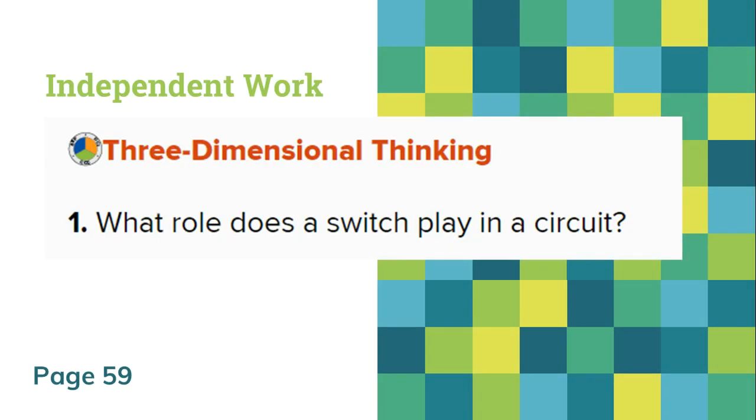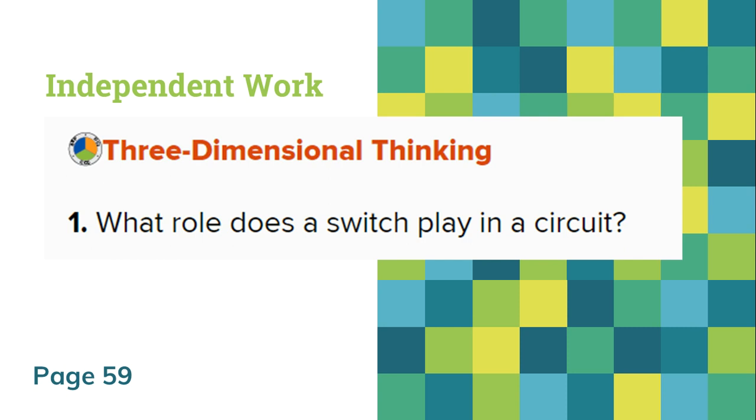If we keep on moving, then on page 59, we have this three-dimensional thinking activity, right? This activity is sort of on your brain. So what role does the switch play in a circuit?